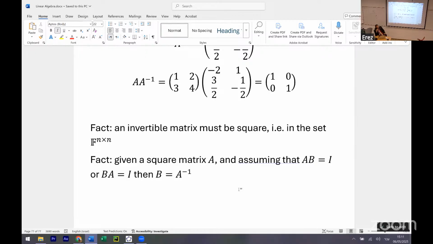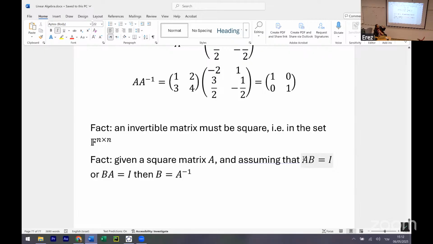So the first some lectures simply defined the invertible just for square matrices. But I actually tell you it's more than that. Only square matrices could be invertible. And the second fact I do wish to talk about for a few minutes, it seems like I didn't say anything because the definition of the inverse matrix is when you multiply, you get I. But the thing is that I give you as an assumption only one side.